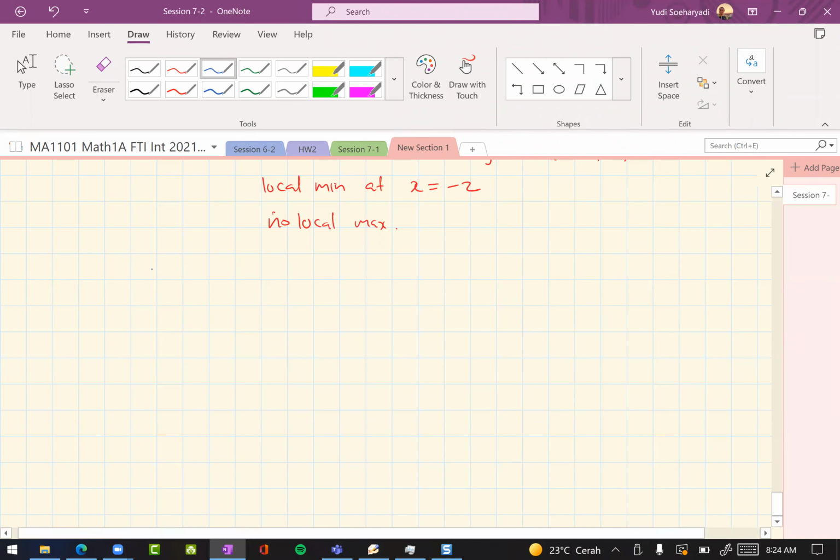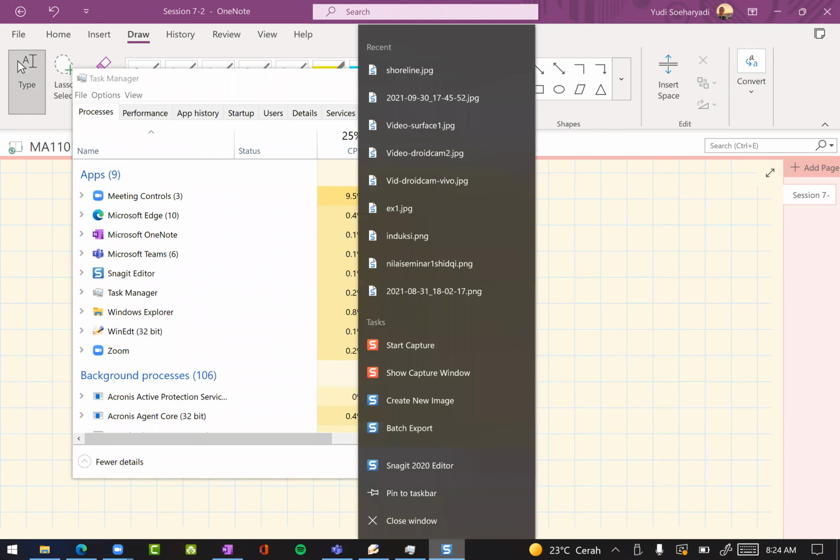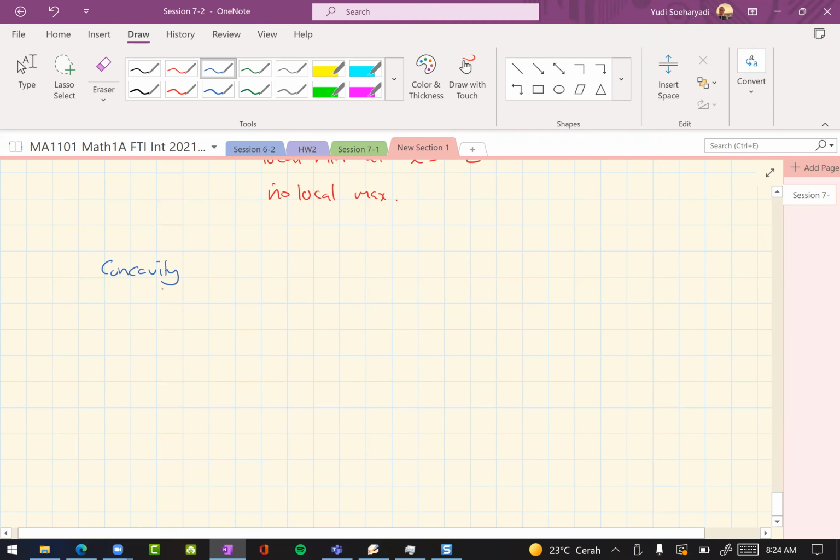All right, let's continue with what we call concavity. Okay, so we would like to find out what the sign of the second derivative has to do with the shape of the graph.